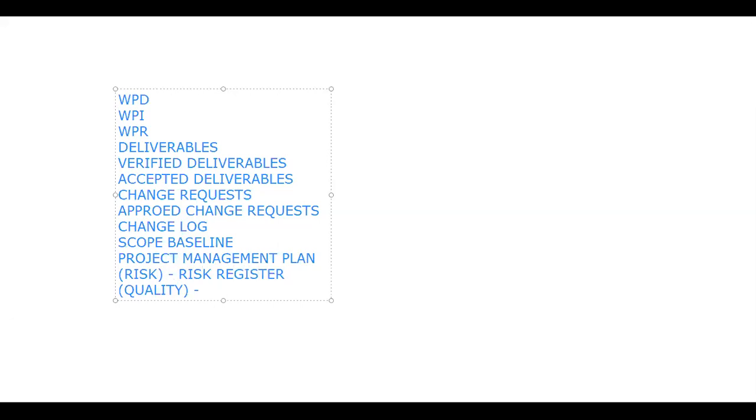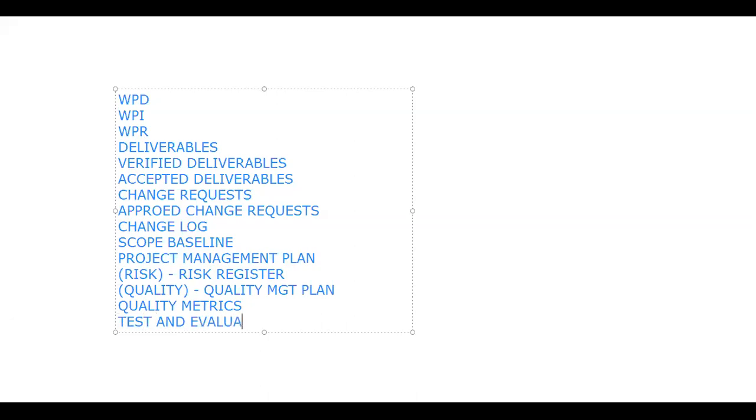I also want you to show within quality the flow of things such as the quality management plan, and in addition to that, also quality metrics and test and evaluation documents. Things like this. I want you to chart this out.